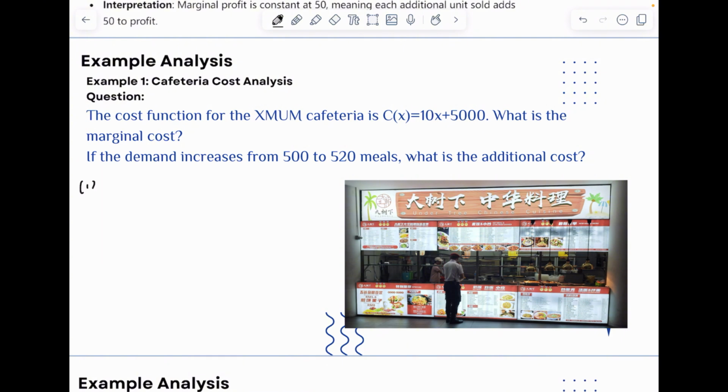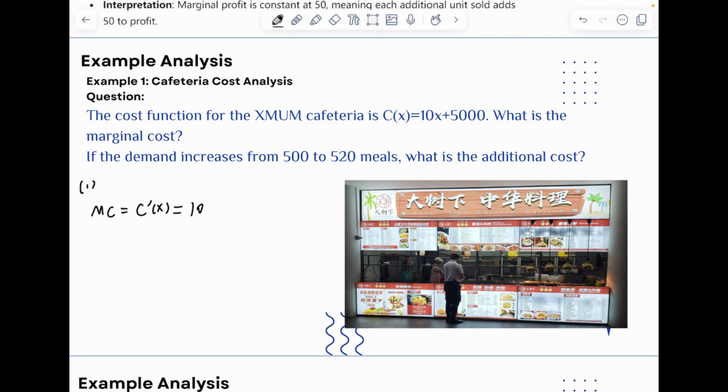Then the marginal cost equals C'(x), the derivative of C(x), and it is 10. It means when we add one food, then the cost will add 10.